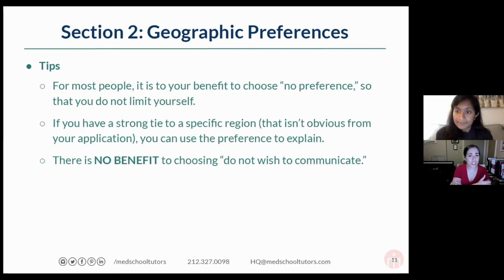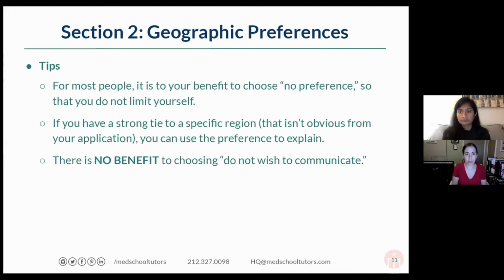So here are some general tips about how to approach this. For most people, and obviously everyone's situation is different, it's probably to your benefit to say that you have no preference. You don't want programs that you might be very interested in, even if they're in a region you're not as interested in, to not give you an interview because they see that you didn't signal that you want to be in the Midwest.